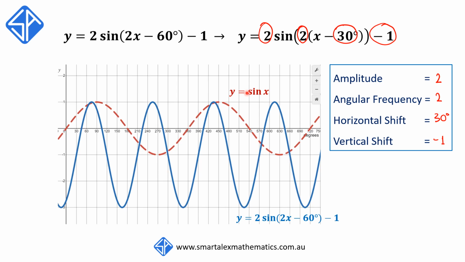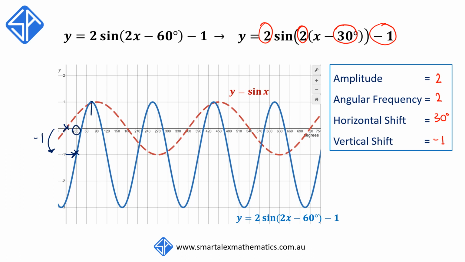The red graph is the original graph y equals sin x, and the blue graph is the transformed function y equals 2 sin (2x minus 60 degrees) minus 1. So from the original graph and the transformed graph, we can see that the center of motion has gone down by 1 unit. There is also a horizontal shift by 30 degrees to the right.